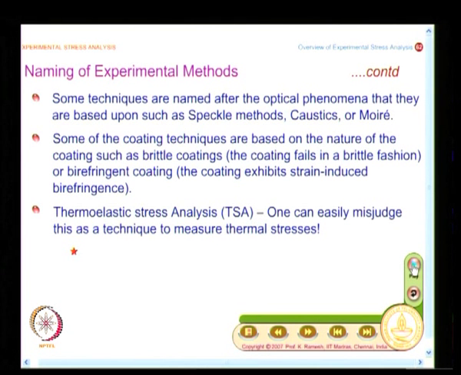And we also have another technique, thermoelastic stress analysis, and I cautioned you again and again, do not misconstrue that this technique can measure stresses directly due to thermoelasticity. It is not so. The physical principle used employs measurement of temperature, which is very small, and you call this thermoelastic stress analysis.